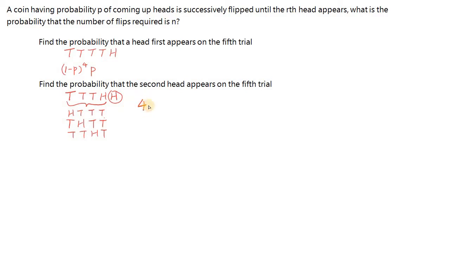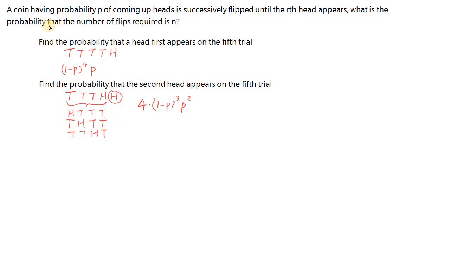So for these 4 ways, each of these 4 sequences have the same probability, which is (1 minus p) to the 3rd power, and then p, and then there are 4 ways of rearranging these.